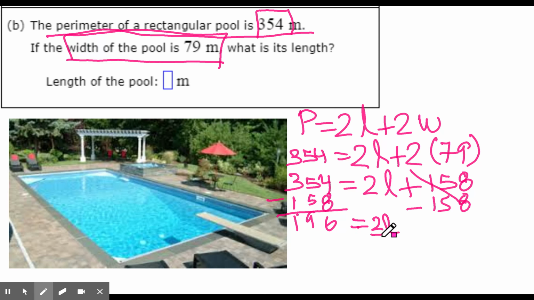I divide both sides by 2 to find the side of one length, not just 2, but I want 1. So 196 divided by 2 is 98.